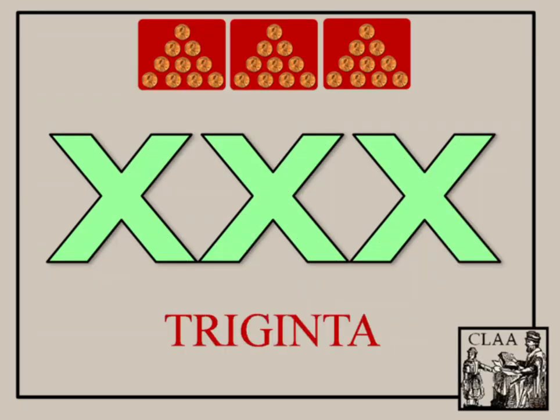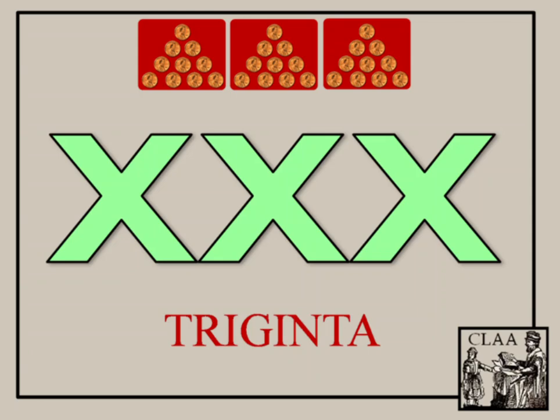In English, when we have 3 sets of 10, we say that there are 30. The Latin for 30 is triginta. Triginta. 3 sets of 10 is triginta. To count from triginta is very simple.